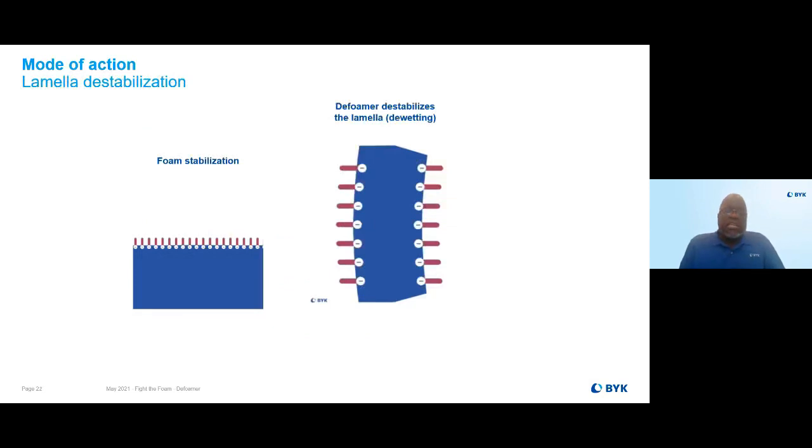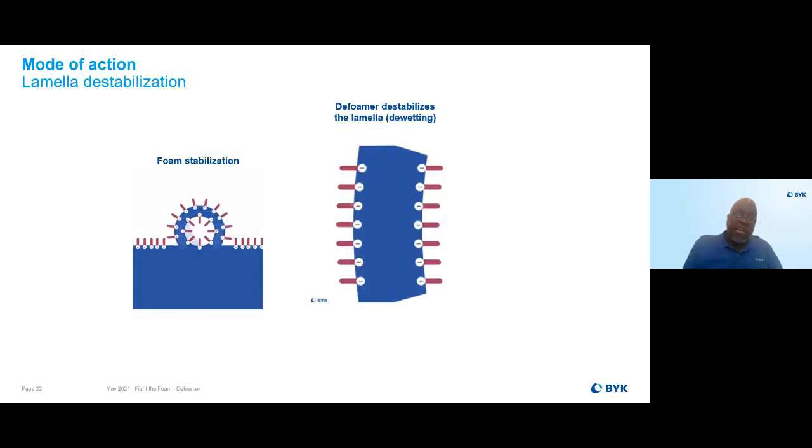Another method is destabilization of the lamella. And basically the lamella is just the outer surface of the bubble. When foam is stabilized, this is the connectivity you see.